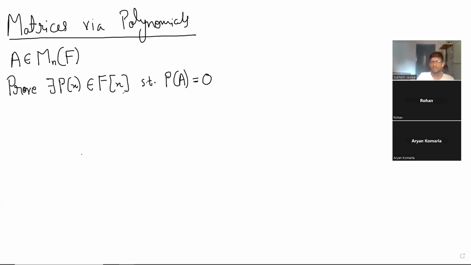So why is this happening? Why is there a polynomial p(x), maybe non-zero polynomial? The zero polynomial is obviously there. Why is there a non-zero polynomial? Well, that is very simple, because that follows from the dimension.